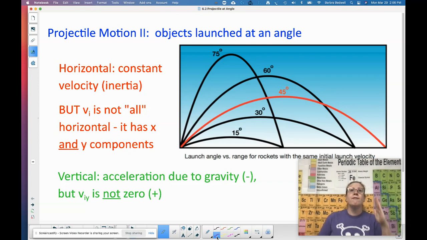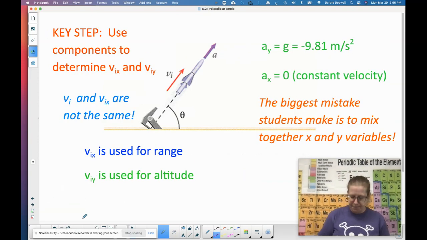It gives more vertical height, but not as much horizontal component. So these two play together to give you an idea about altitude, which is the vertical component of your displacement, and range, which is the horizontal component of your displacement. Let's take a look at how this applies.